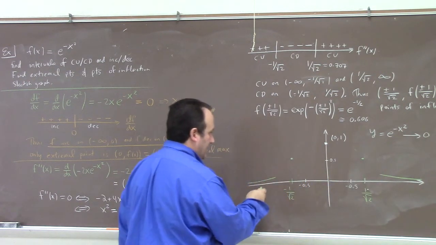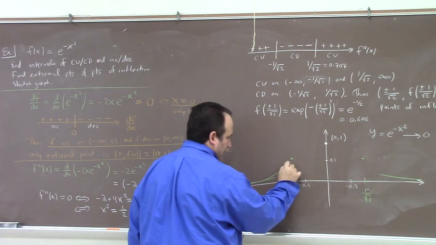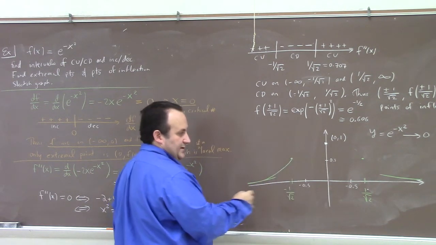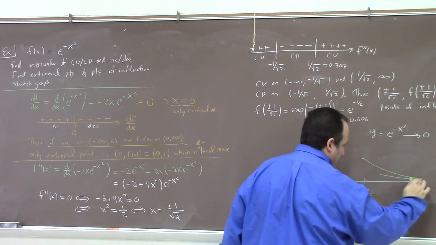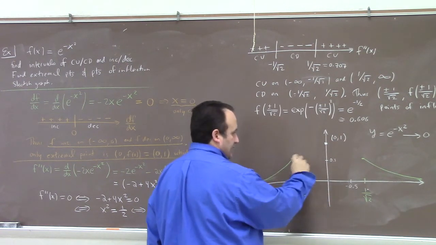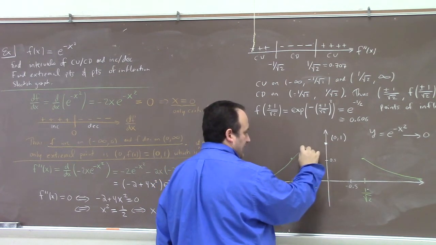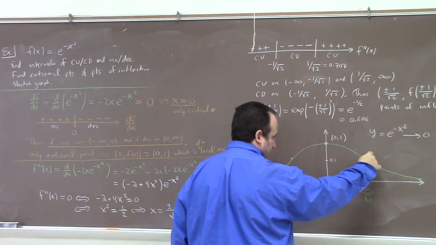Right there, the graph is changing from being concave up shaped, right? To what? Concave down, right? So that's the point of inflection. So it turns over there, concave up. Shoots to concave down, like that.